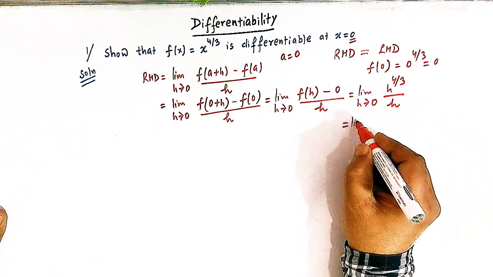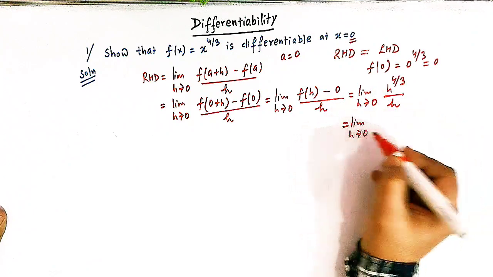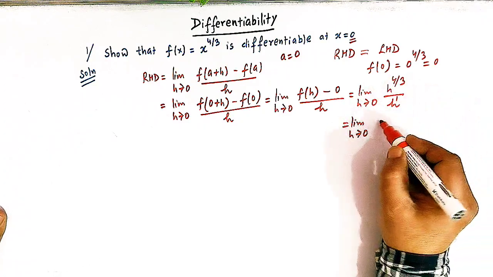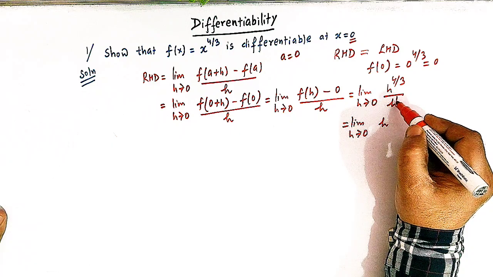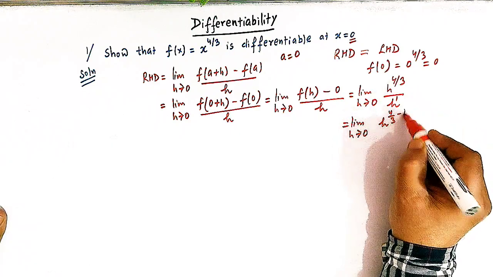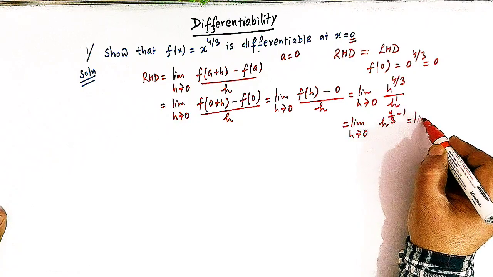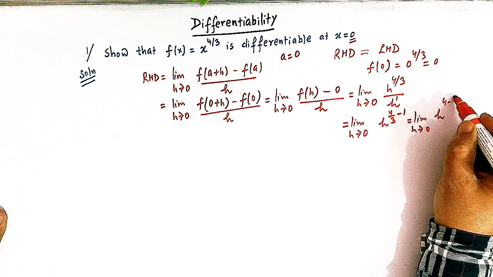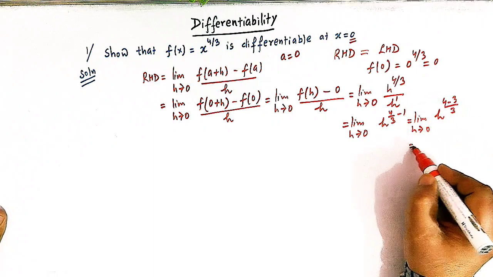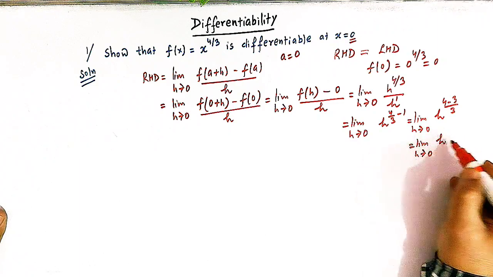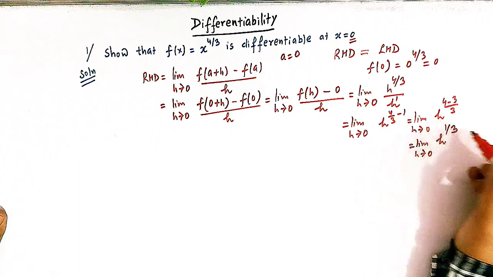Now by making use of the laws of exponents, taking h raised to 1 to the numerator, we have 4 over 3 minus 1. So this is the limit h tends to 0 of h raised to (4 minus 3) over 3, that is h raised to 1 over 3.